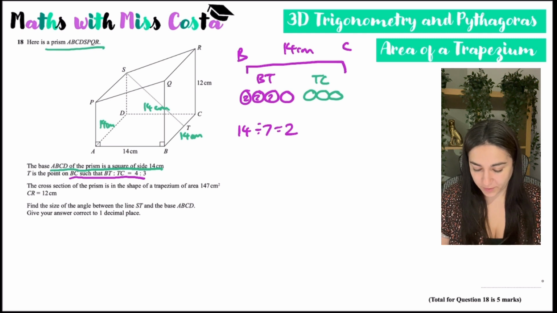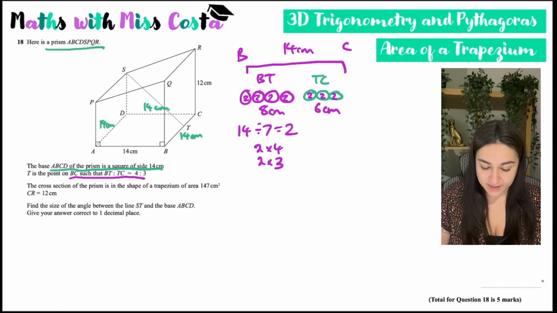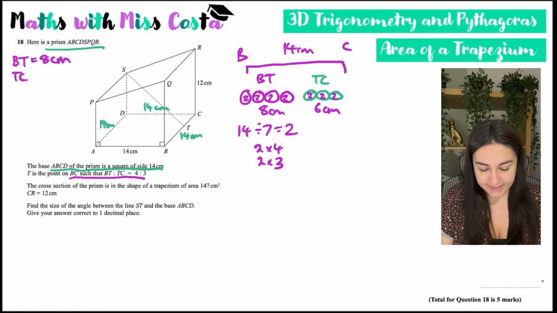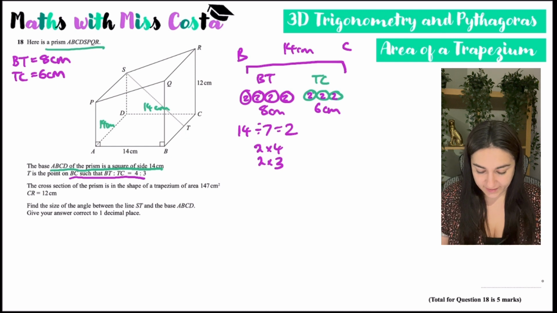So each of these little parts are worth 2. Therefore, BT is 8 centimeters because I do 2 times 4, and TC is 6 centimeters because I do 2 times 3. So now I have 2 new lengths that I know. BT is 8 centimeters and TC is 6 centimeters. So over here, I can label that accordingly.